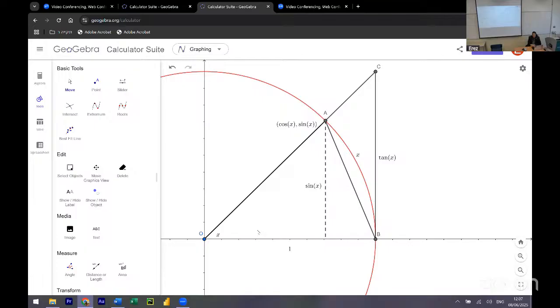Why is the length of the edge OB equal to 1? It's the unit circle, it's the radius. What is the length of the edge OA? Also 1. We continue OA and we lift a perpendicular line from B until the two lines meet at the point C. Okay?